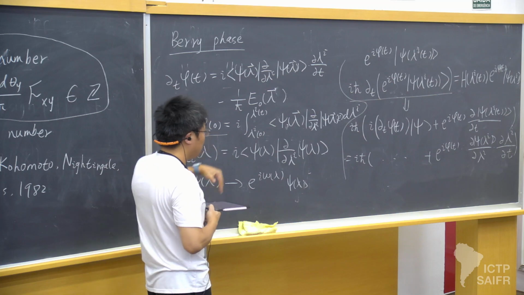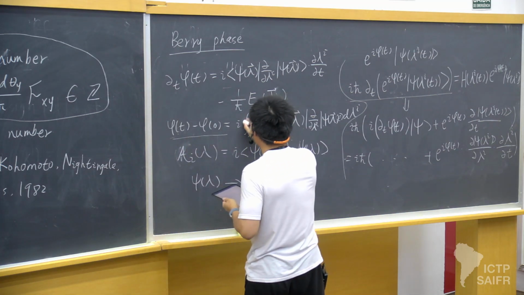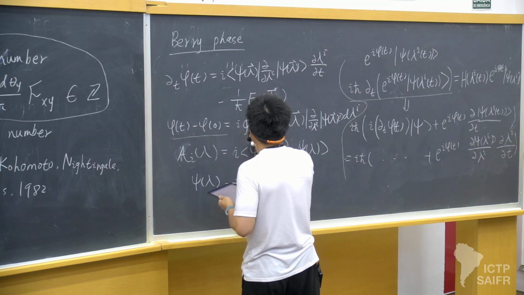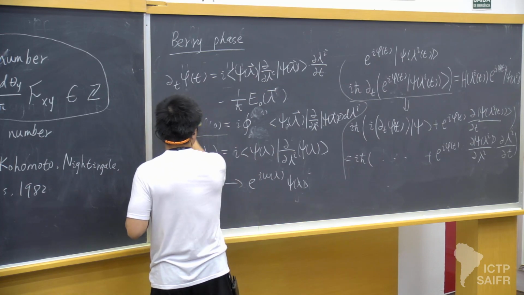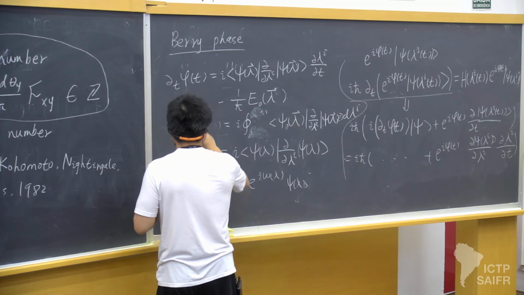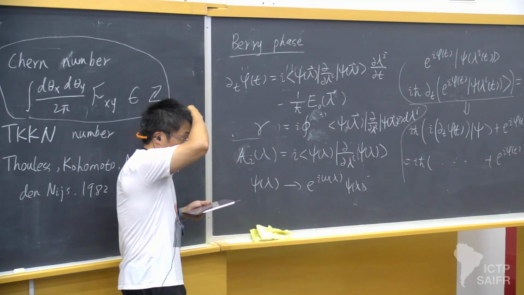But for the situation where you consider a closed loop, the Berry phase will be gauge independent. That's the Berry phase.